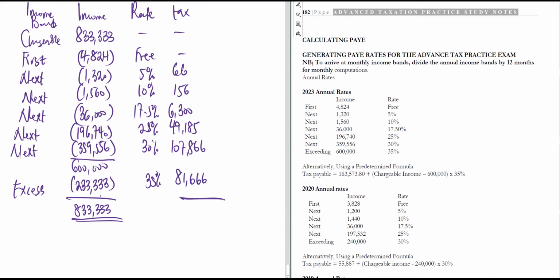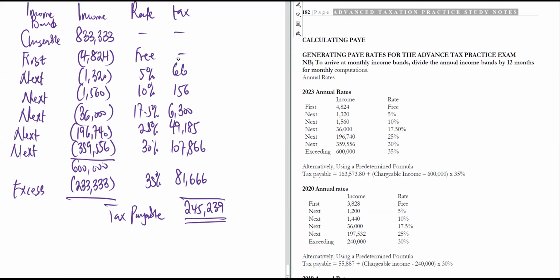Okay, so what's our total tax payable? 245,239.